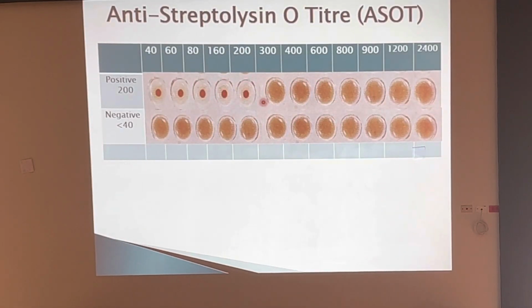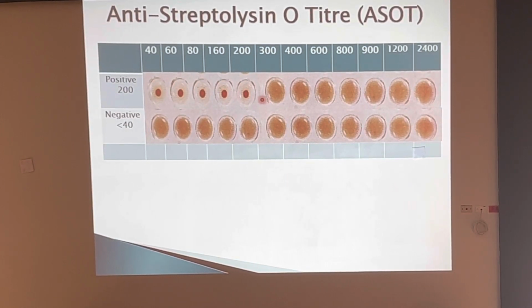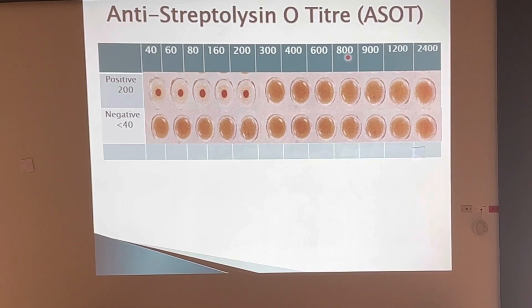What is it that you don't understand? So you mentioned how you can test for both patients. Each column represents a dilution. Each row represents a patient or a sample. So this right across here is your positive control, varying dilutions.